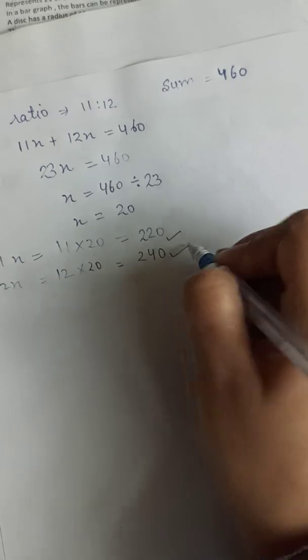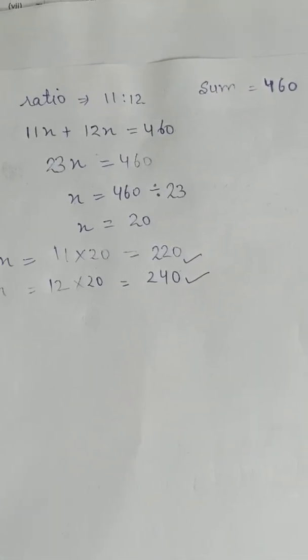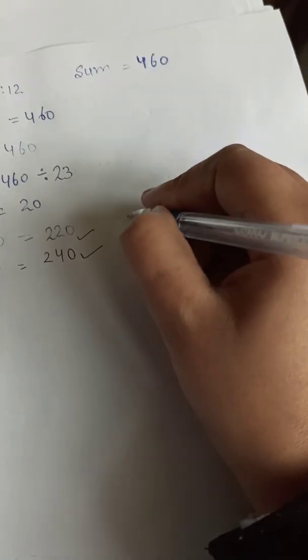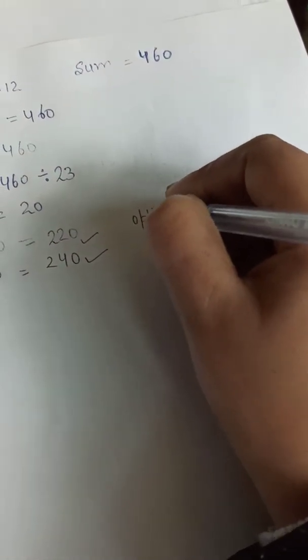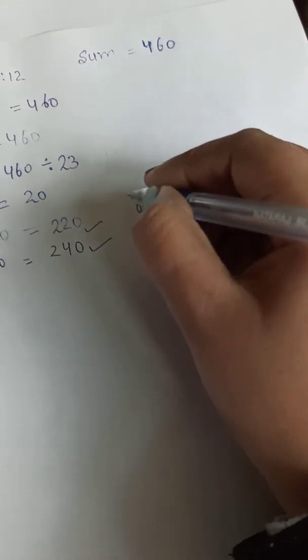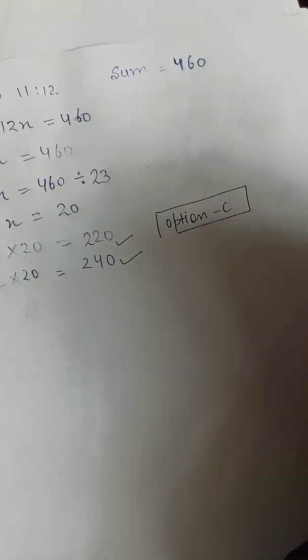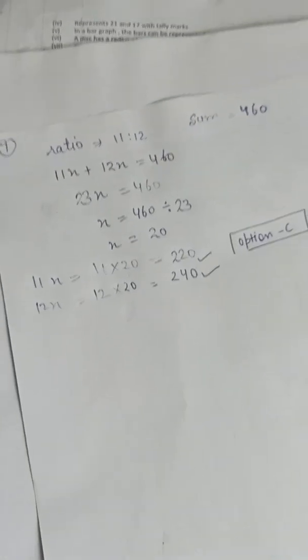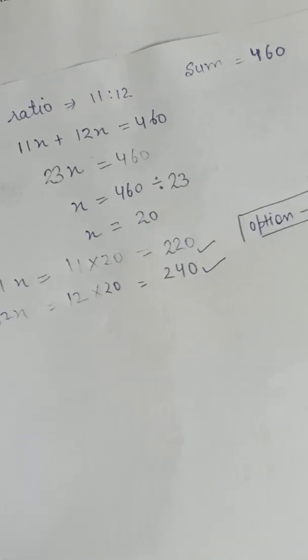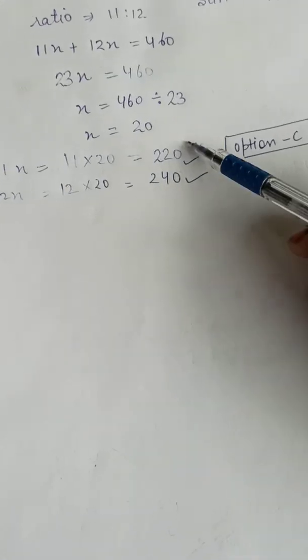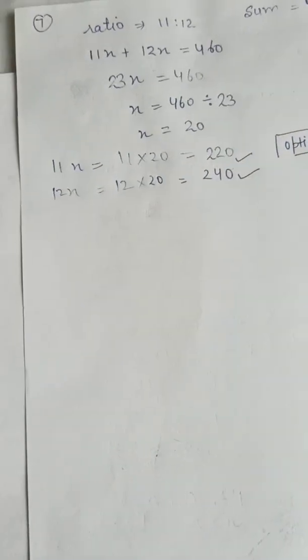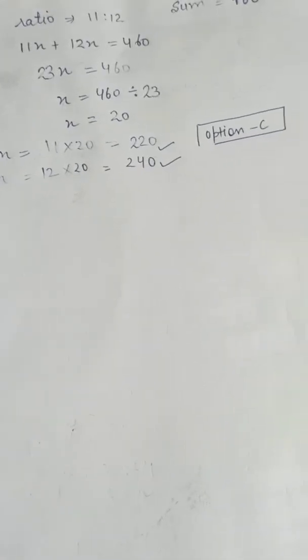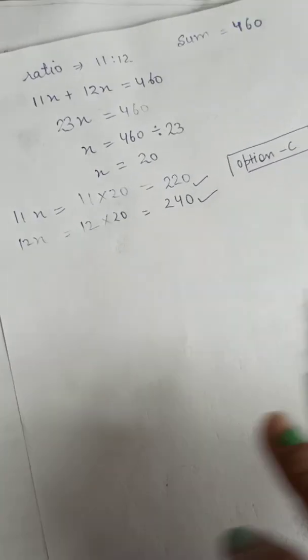So the numbers are 220 and 240, which is option C. And one more way by which you can check whether your answer is correct or not: you add these two numbers and the sum equals 460. It means our answer is right.